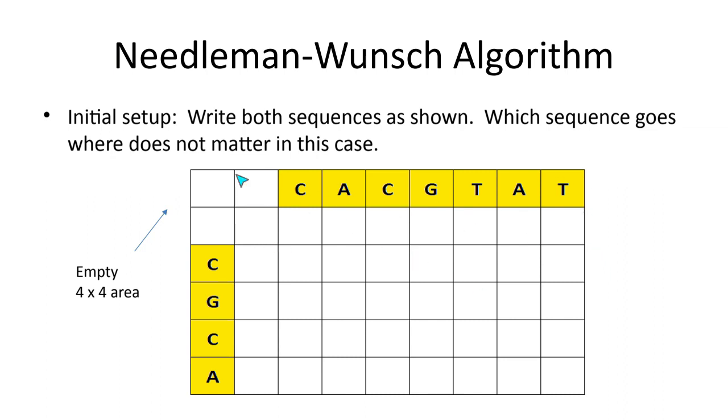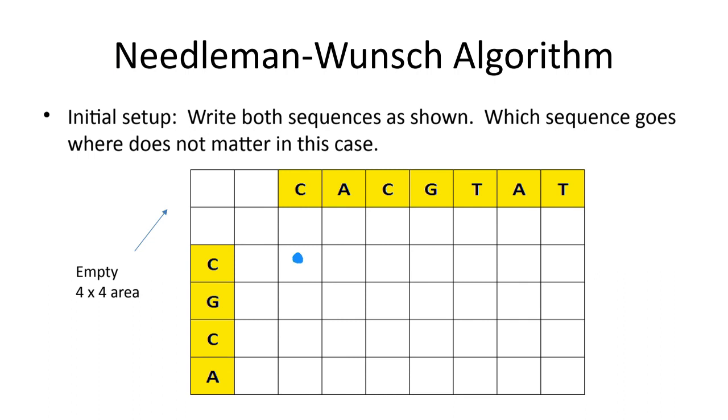All right, so we're setting up our two sequences, and I'm going to go ahead and tell you the way to think about this conceptually is we have a starting position, which is going to be here, and the goal is to get to here.